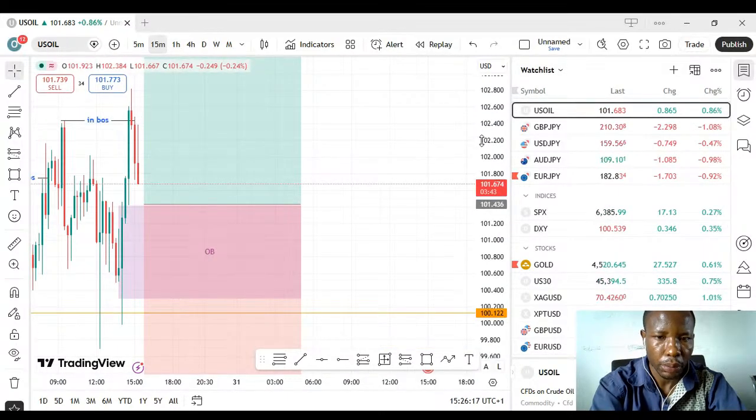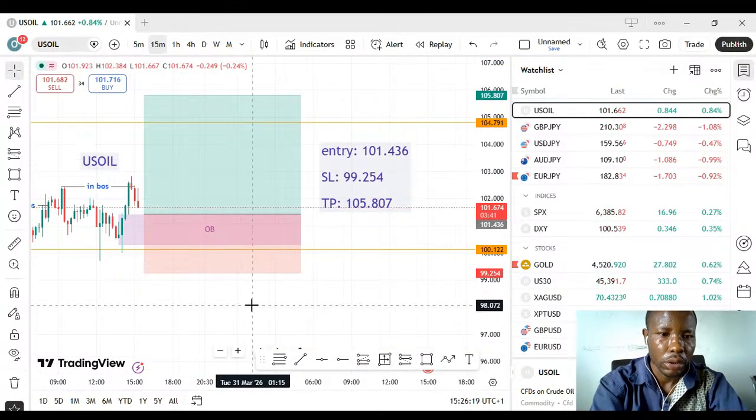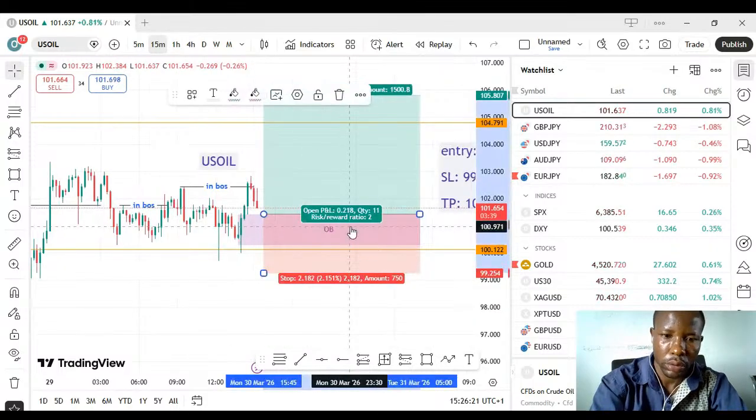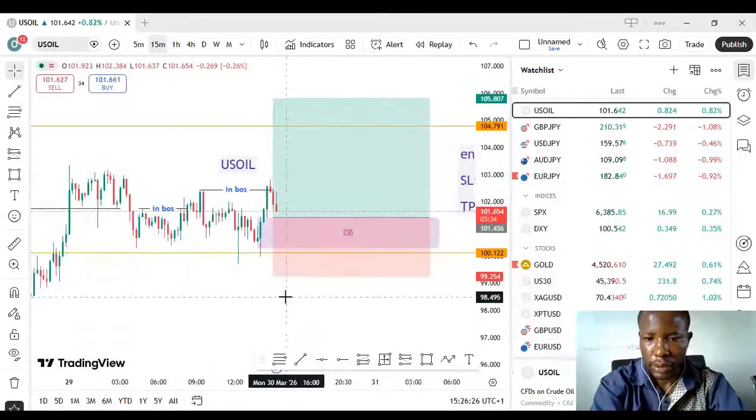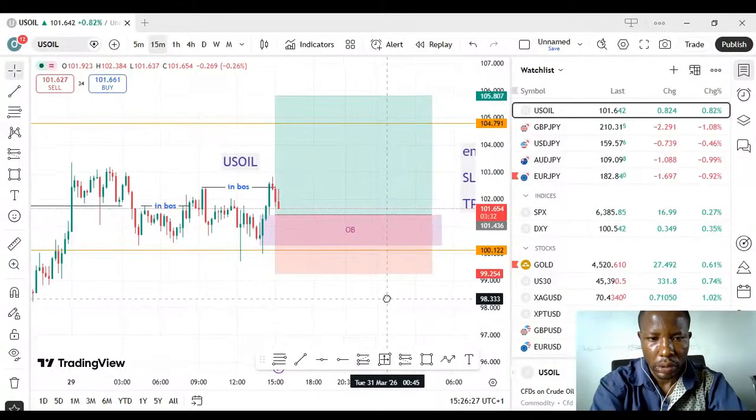It's coming back to pick us. So look at it, we're getting picked. I think we should wait to see if we will get picked by the close of this particular candle. Although, guys, if we get picked, that is it. If we didn't get picked, you can see it as well.